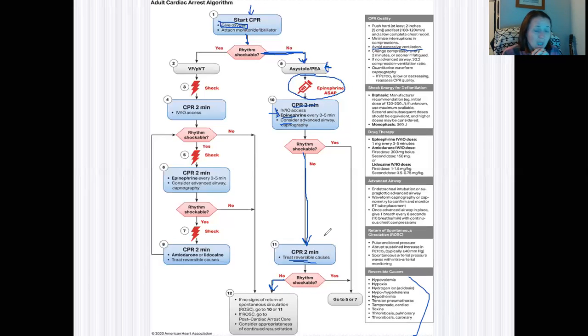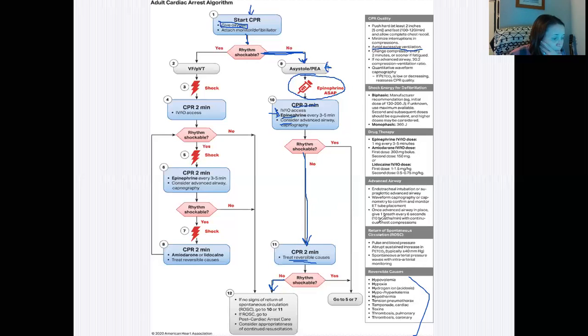It's a lot simpler path, I guess, than if you've got a shockable rhythm, but you just don't have as many tools in your toolbox and you have a much lower rate of success. So asystole or PEA: epinephrine ASAP, CPR, every 2 minutes reassess. Treat the reversible causes, get your advanced airway in.